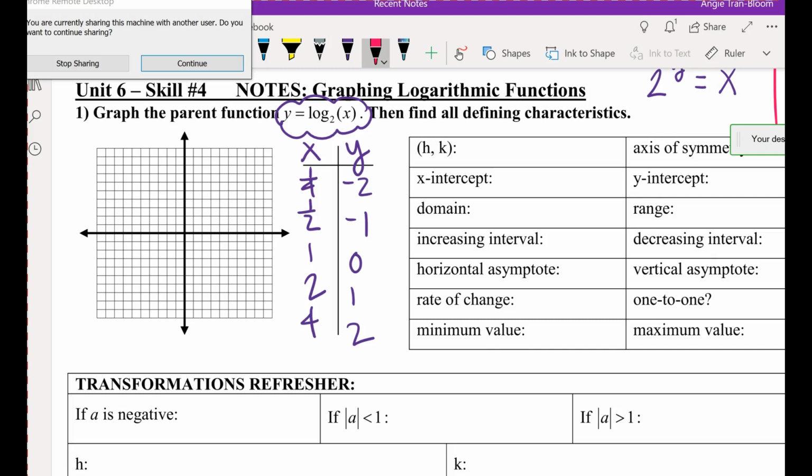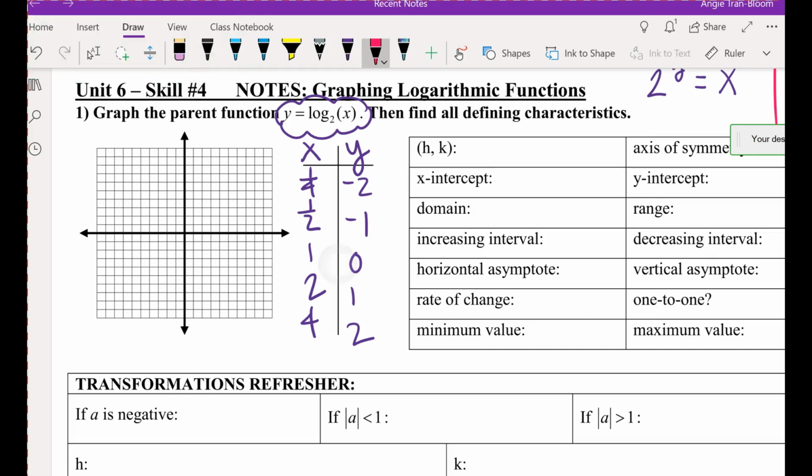Since x can't be 0, an asymptote. Students, we now have a vertical asymptote in log. Because it's the inverse, when we study exponents, what kind of asymptote do we get? A horizontal. So its inverse means that I'm switching x and y. And then we're just going to plot the dots.